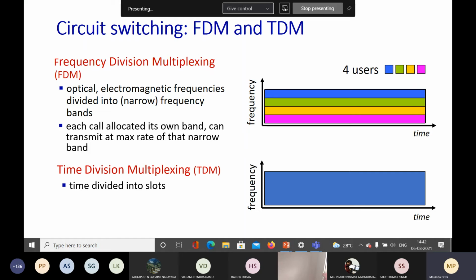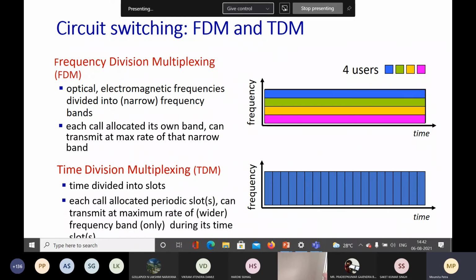There was another method, that is time division multiplexing. So what do you tell the users? If you want more capacity, just use this resource turn by turn. You divide the time in which the users will access the channel.